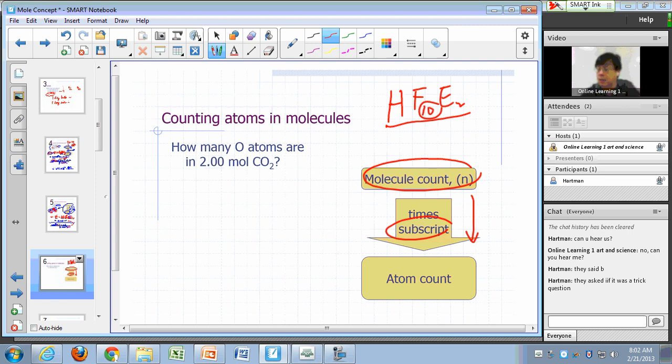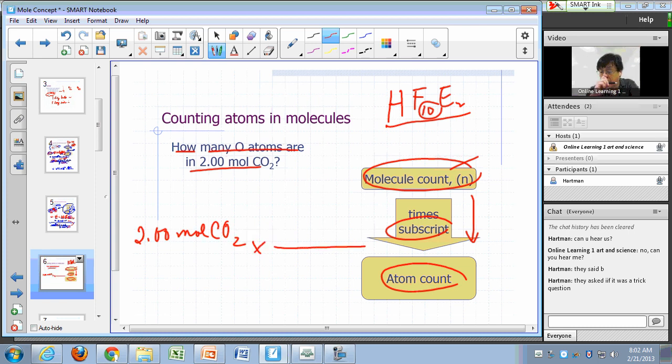Okay, so molecule count multiplied by the subscript of a particular atom you're interested in will give you the atom count. All right. So here in this example, you have a question: how many oxygen atoms are in 2 moles of CO2? So you say 2.00 moles CO2 times there are 2 moles of oxygen in 1 mole of CO2.